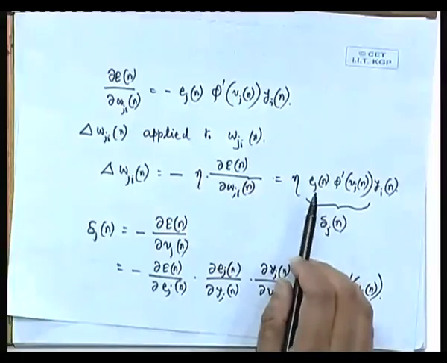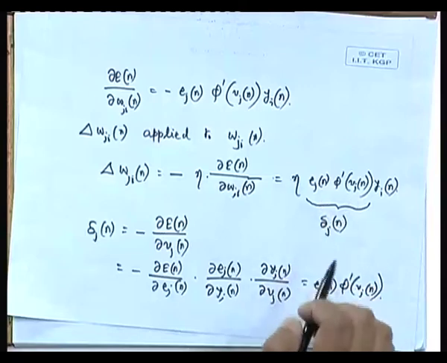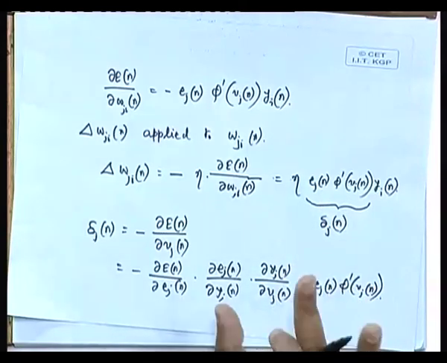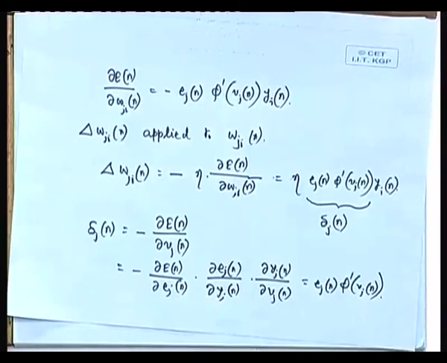You don't know it because you are not supplied with the desired output for any hidden neuron, because a hidden neuron does not have any desired output like thing. So you will have to calculate this delta j in some other manner, and that is what we are going to show in the analysis that is going to follow.